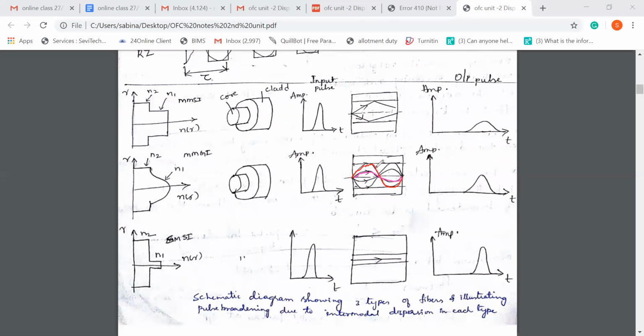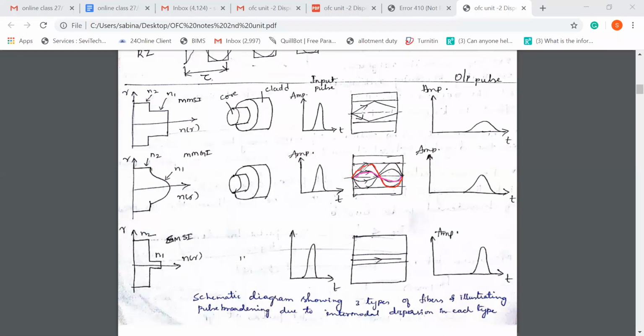So if I consider the red and pink line, whatever light is transmitting, you can see that it travels a shorter path, but at a slower rate. Here it is traveling a longer path, but at a much faster rate.